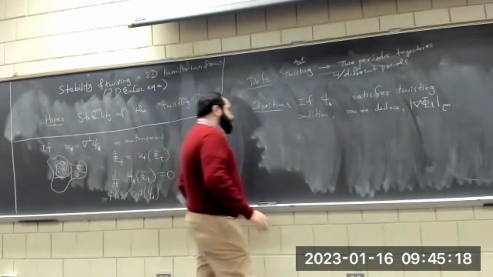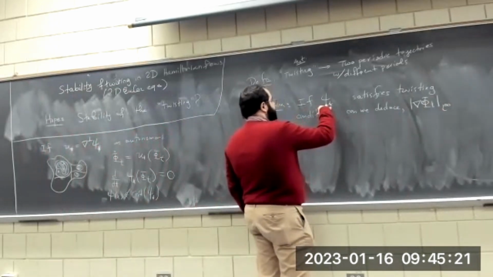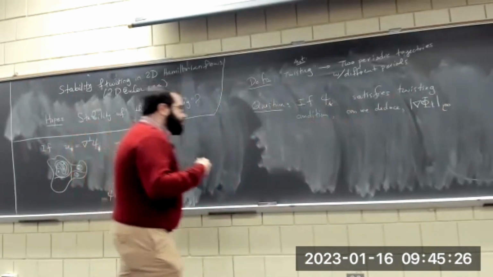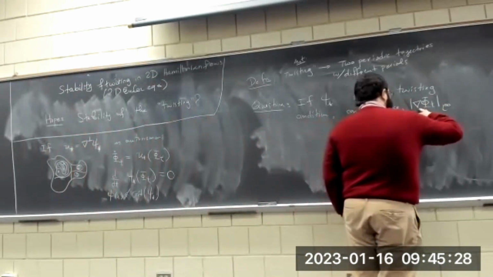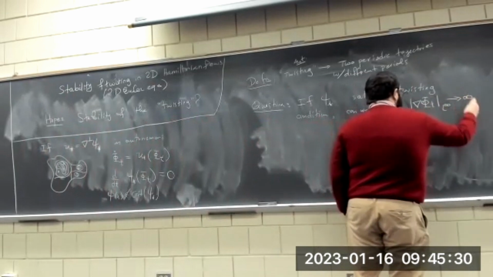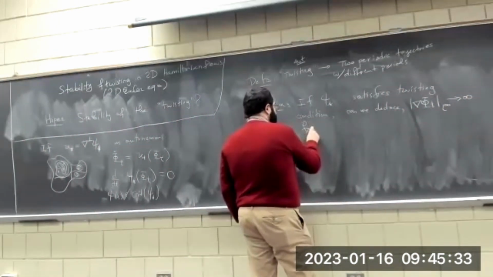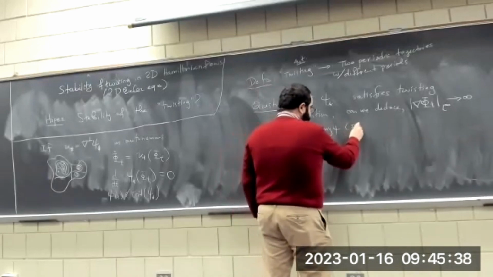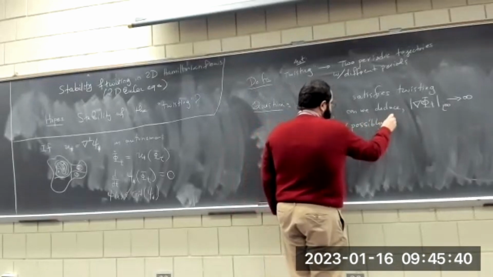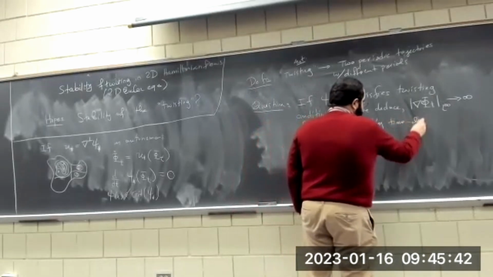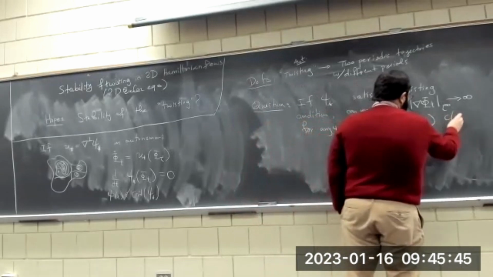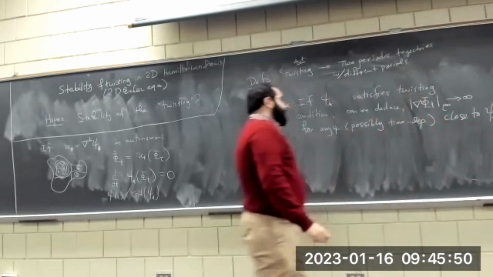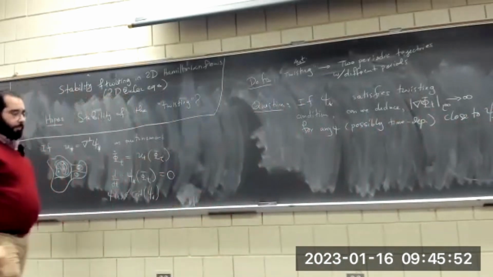So if psi star has this condition, can we deduce that the gradient of the flow map goes to infinity for any psi, possibly non-autonomous, possibly time dependent, close to psi star? That's what we want to study.